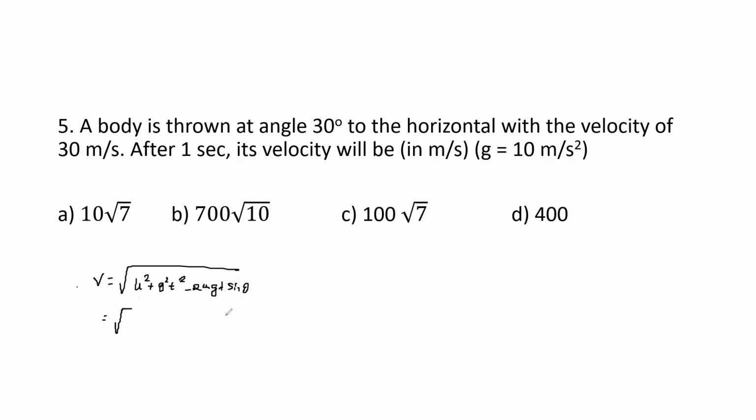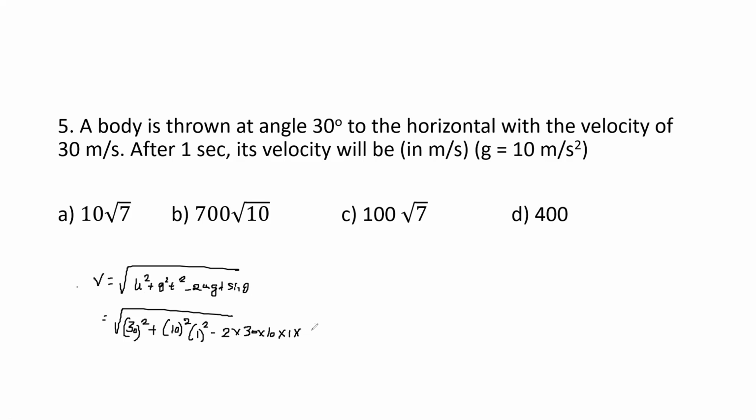This is equal to under root of, u value is 30 whole square plus g value, which is 10 because in the question it is given as 10. Therefore, it is 10 square into t square, 1 square, minus 2 into u into g into t into sine 30.